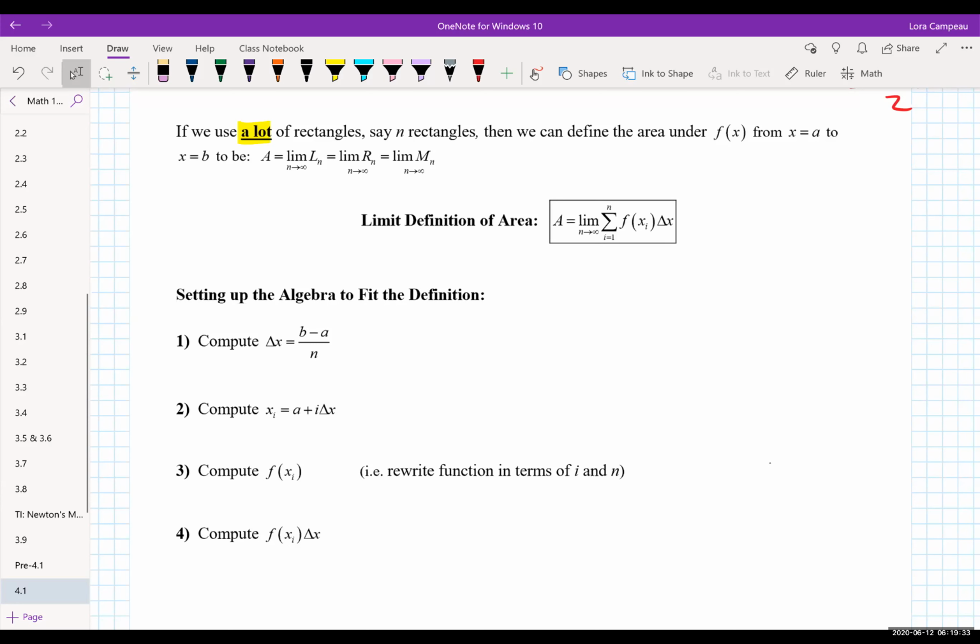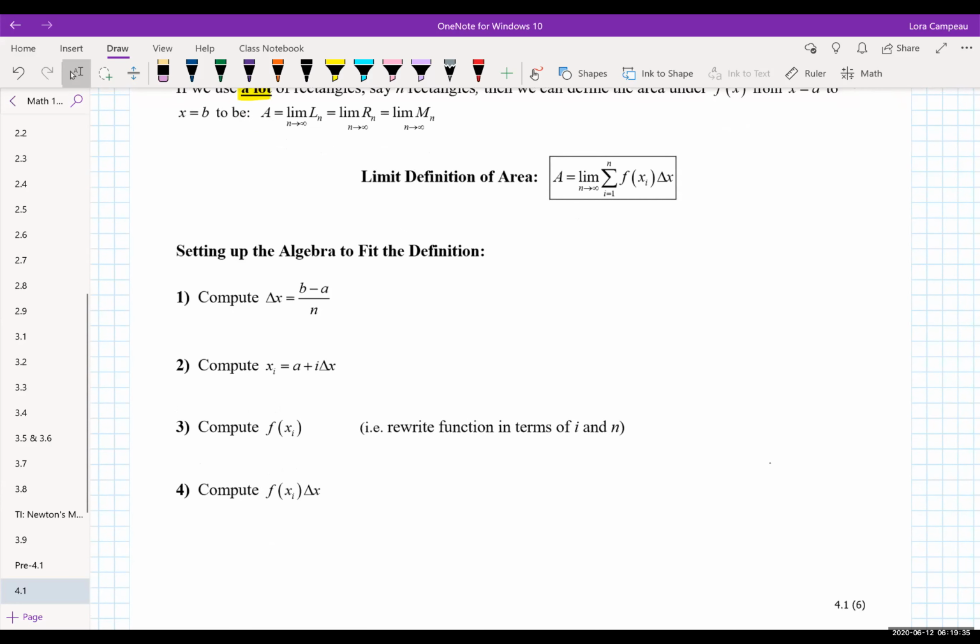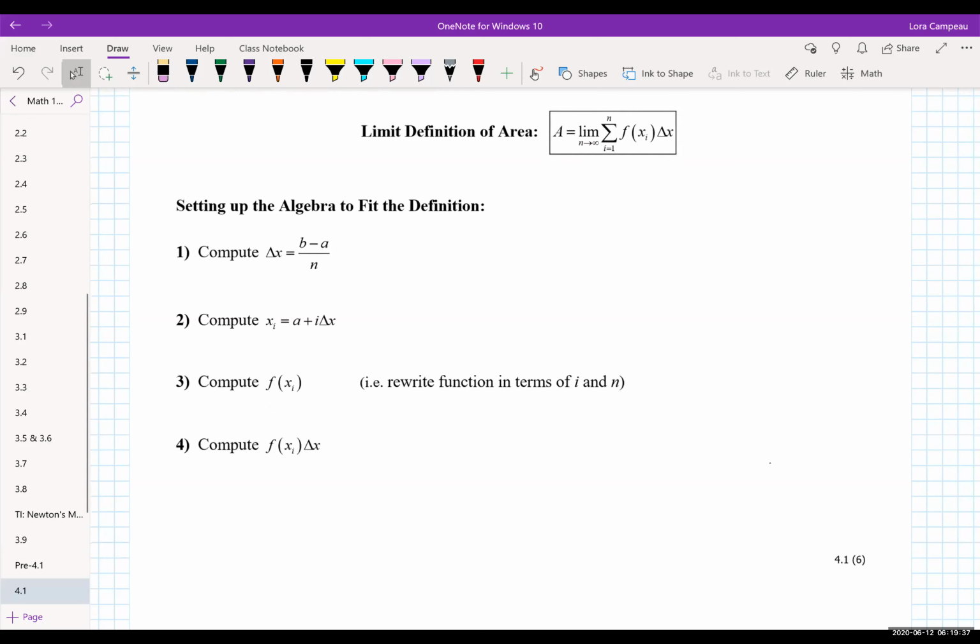Just so that I could help you out, we already went over how to find delta x. And even with x sub i, we found that it's the first endpoint plus however many delta x's you wanted. So we've played with that. Computing f of x sub i is using function notation, I'll walk you through that, don't worry. And then when you are computing f of x sub i times delta x, all you're doing is taking step 3 and multiplying it by delta x.